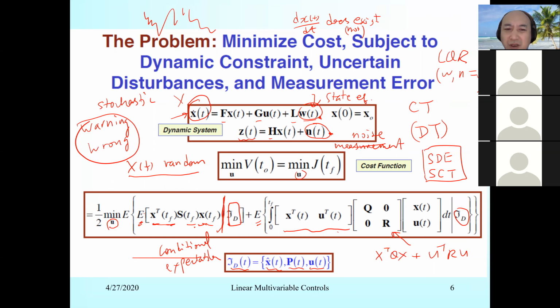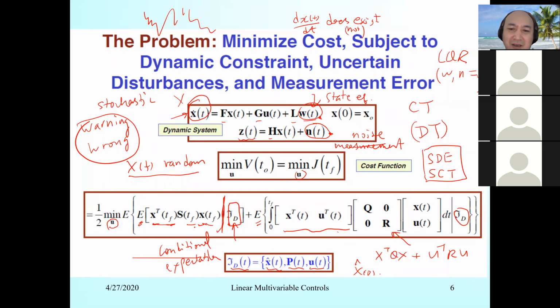When you do the expectation given the J, remember that J is linked to P and X, and all these things are connected to the initial ones, like X0 hat.